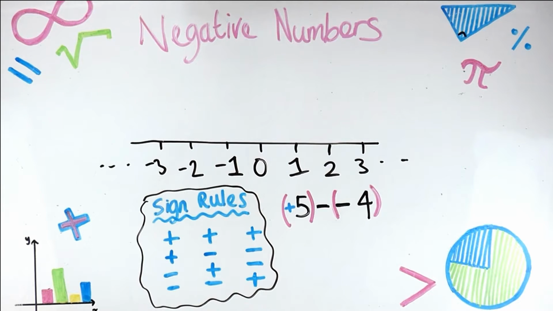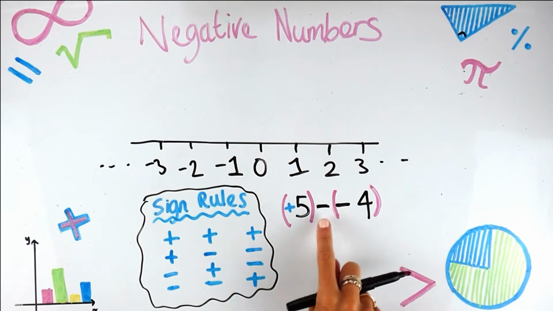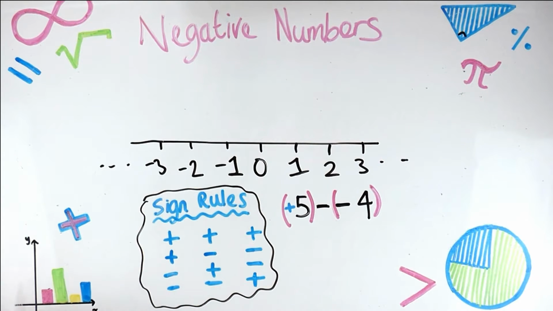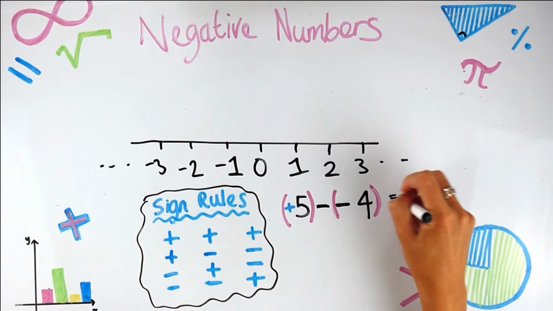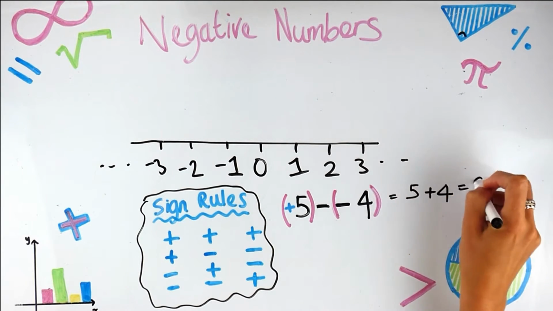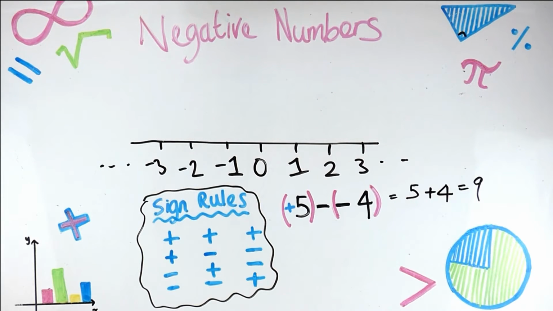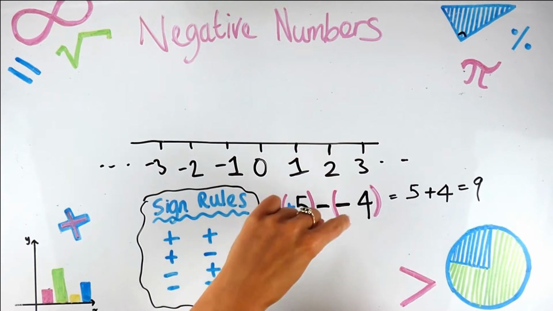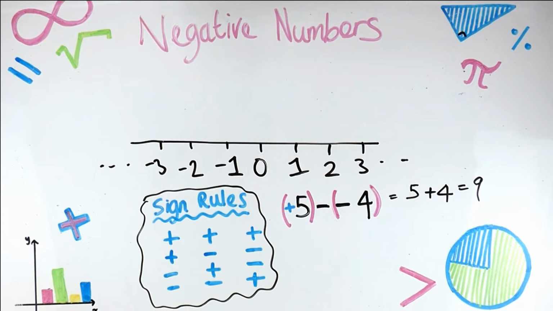So 5 minus negative 4, if we look to our rules, we can sort this out. We've got 2 negatives, which make a plus. So this is the same as 5, 2 negatives make a plus, plus 4. I kind of think of that as when you've got 2, if you just rotate that one round, it goes to a plus.